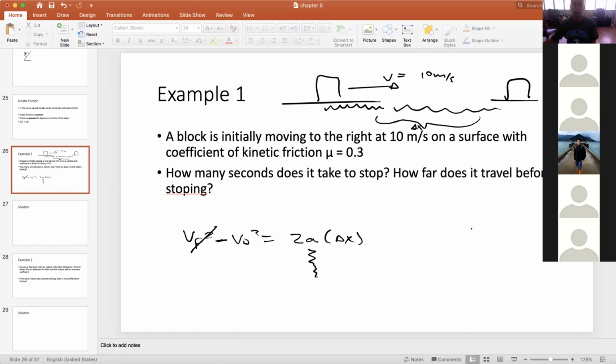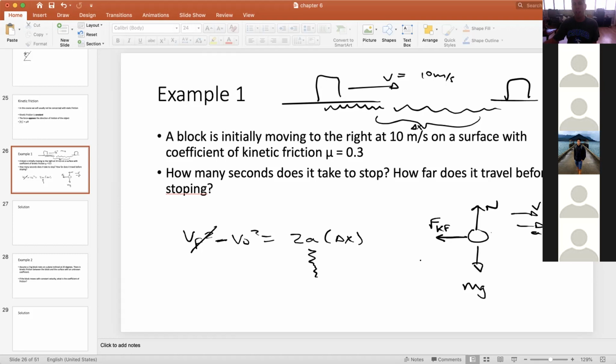Free body diagram. Normal force up, mg down because it's on a flat surface. I'm going to assume that if v is moving that way, the acceleration is also that way. Now, there is friction. Where do I put the force of friction? It always opposes the motion. So that means that it's in the opposite direction of the velocity or acceleration.